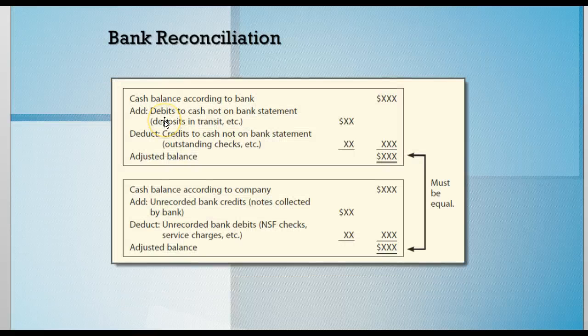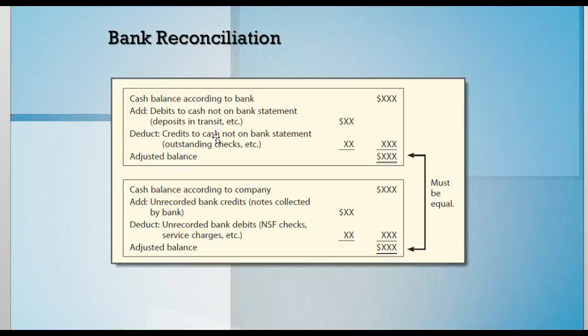The way this works is you'll have your cash balance according to the bank at the top. You will add in deposits that are in transit, because those may not be on it, and they are in your cash, and you will subtract outstanding checks that haven't come in yet.